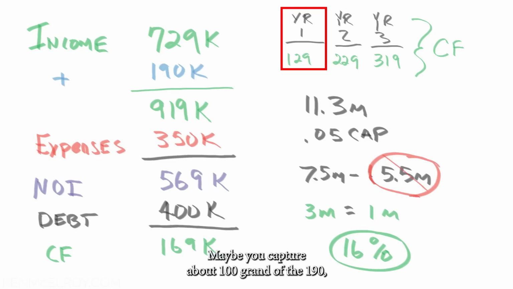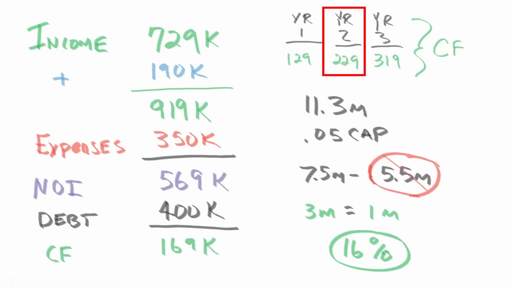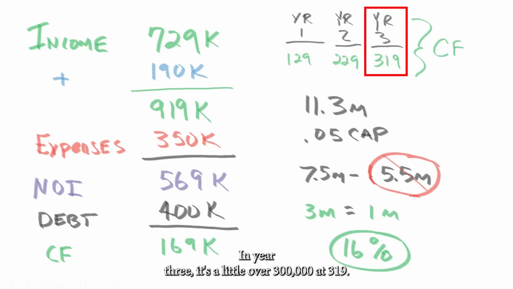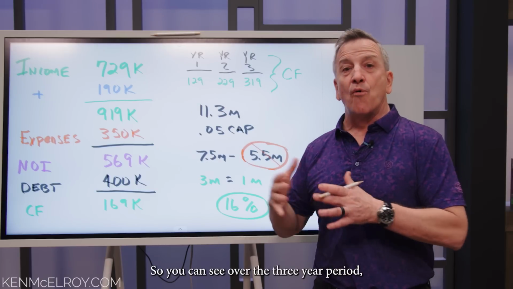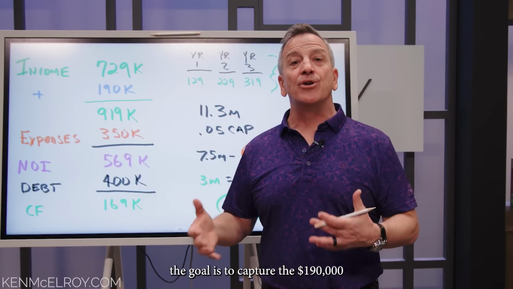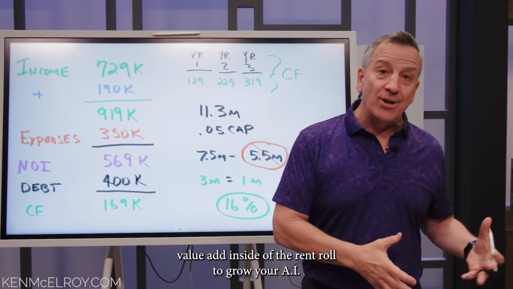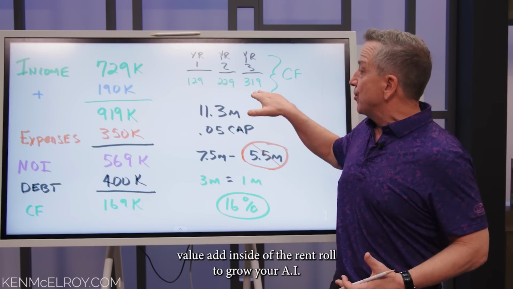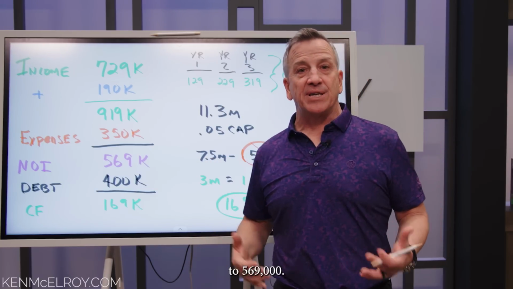In year 2, maybe you capture about $100,000 of the 190, and so your cash flow is closer to 229. In year 3, it's a little over 300,000 at 319. So you can see over the 3-year period, the goal is to capture the $190,000 value add inside of the rent roll to grow your NOI to $569,000.